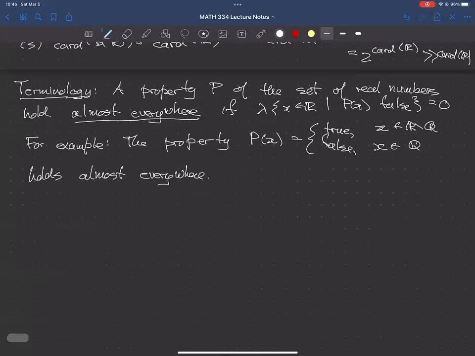So that, as I said, I believe finishes what we're going to say about Lebesgue measure. Now let's talk about the Lebesgue integral.